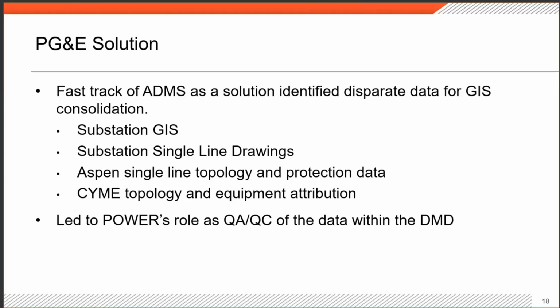Those are the AutoCAD drawings that are used by the substation design and engineering group. Aspen single line topology, that's some single lines that are used by protection engineers. They actually draw those in there so that they can figure out what the protection schemes are going to be. And then SIME topology, that's used by planners. Every one of these had its own topology. So they're drawing in 4 different systems right now, and a 5th is going to be the ADMS.